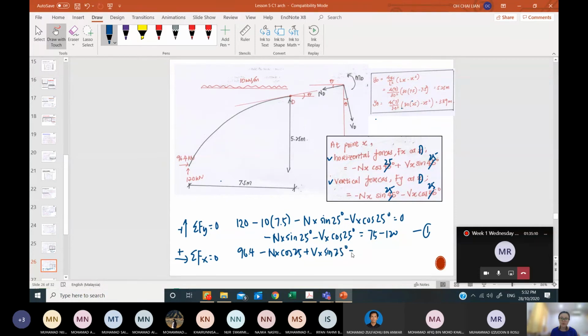So I can create my second equation by putting minus Nx cos 25 plus Vx sine 25 equal to minus 96.4. This is my second equation. So I will solve these two simultaneous equations. I will solve my Nx and Vx.